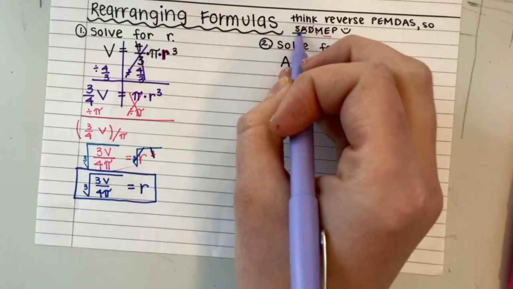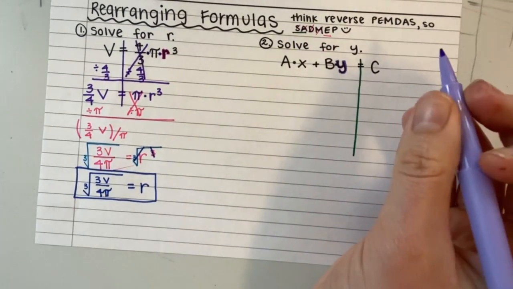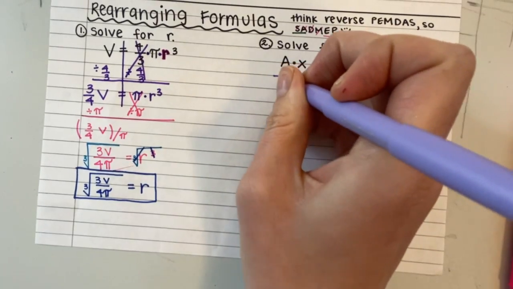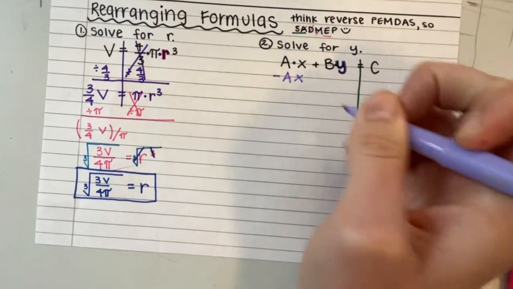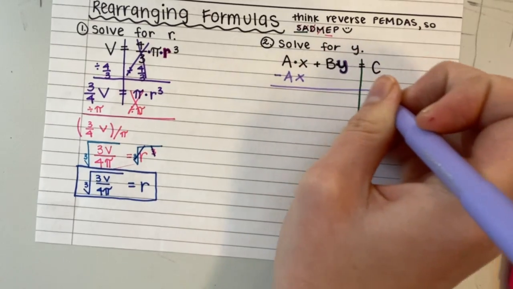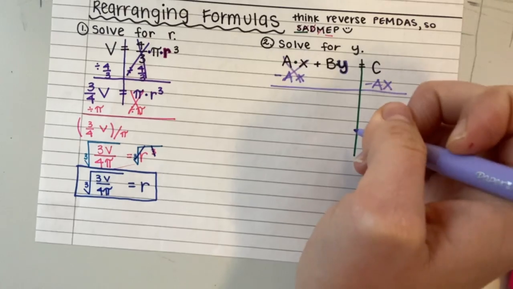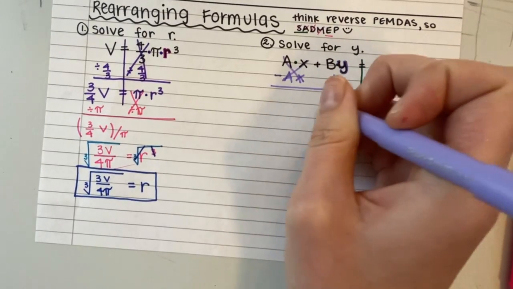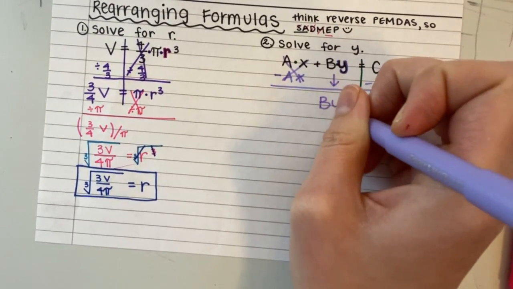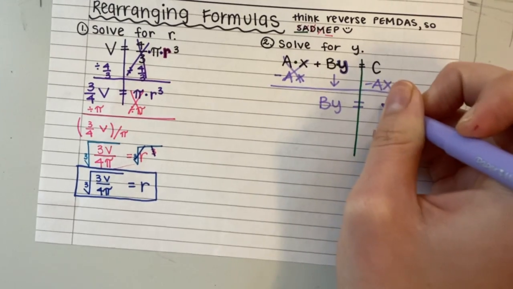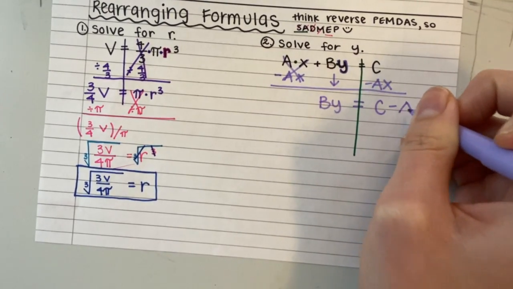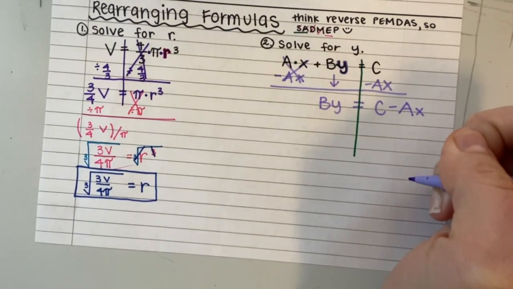So that is the first thing I can get rid of. So I'm going to subtract ax from both sides. When I subtract ax from both sides, I'm left with by equals c minus ax.